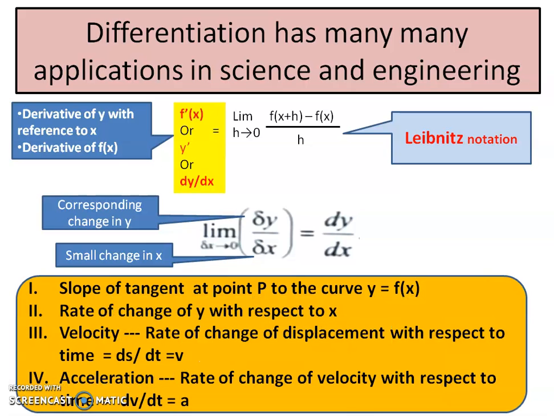Now we had also seen if you have a curve y is equal to f(x), then the slope of a tangent is given by dy by dx. We also know the rate of change of y with respect to x is dy by dx. What is velocity, bachcho? Rate of change of displacement with respect to time.